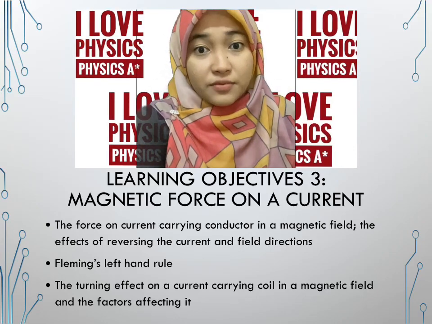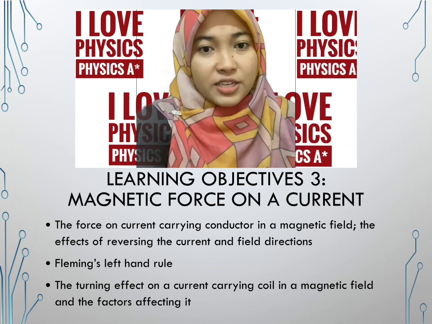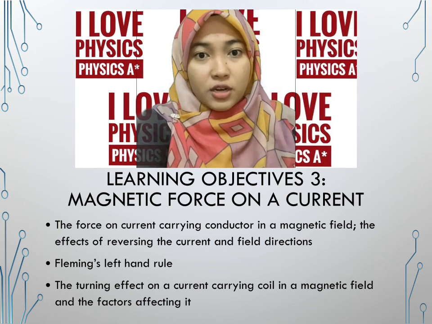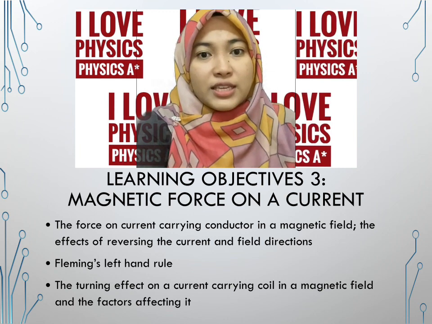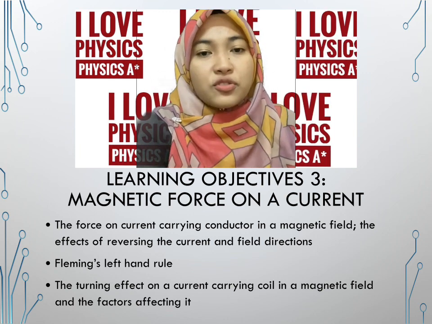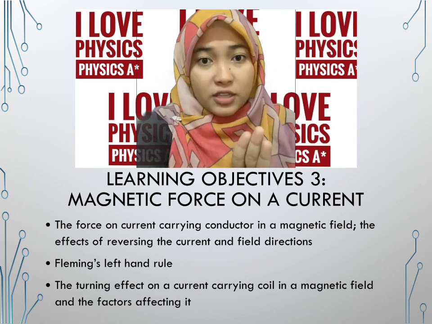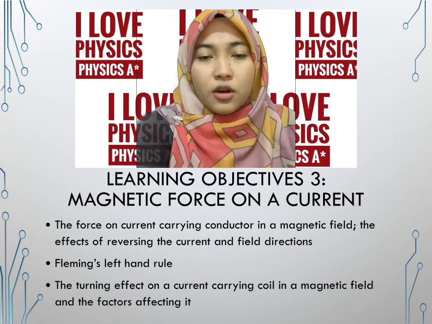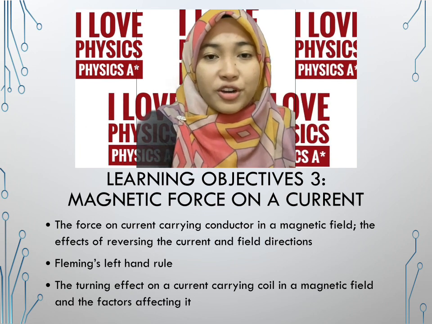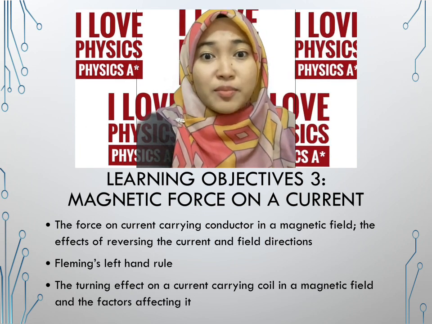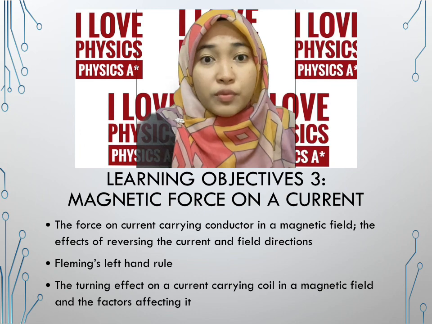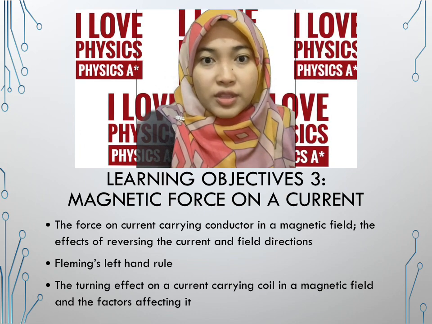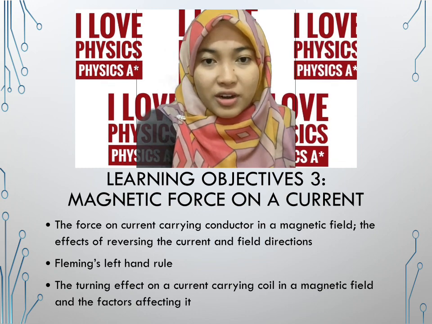Alright, so in this video, we will continue our lesson on our next subtopic, which is magnetic force on a current. In this subtopic, we have three objectives. The first objective is we will learn about the force on a current carrying conductor in a magnetic field. We will learn the effect of reversing the current and also the magnetic field directions.